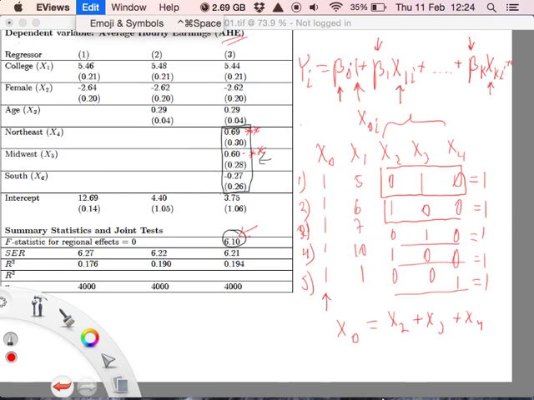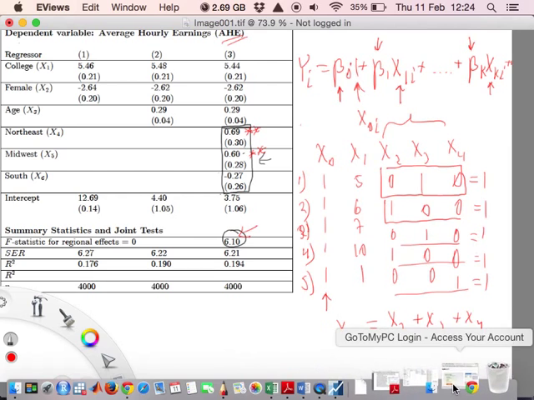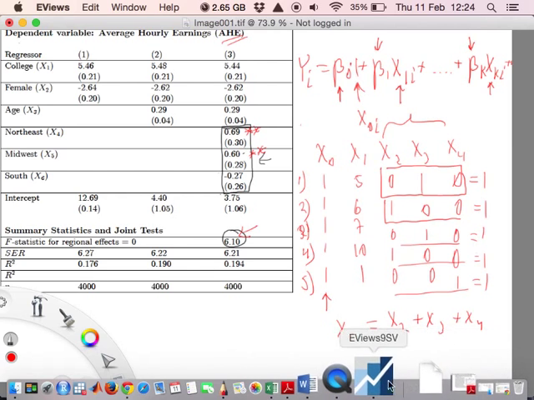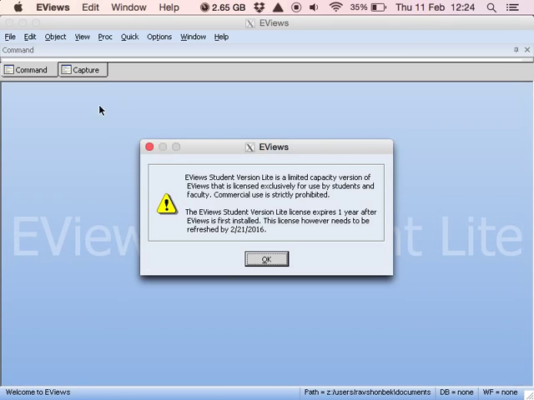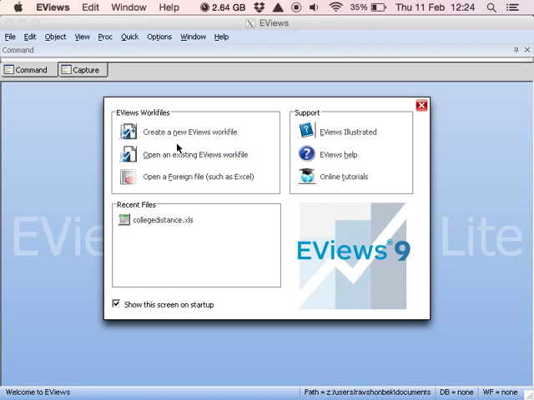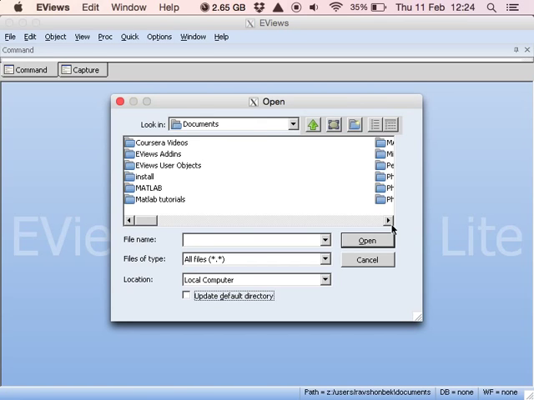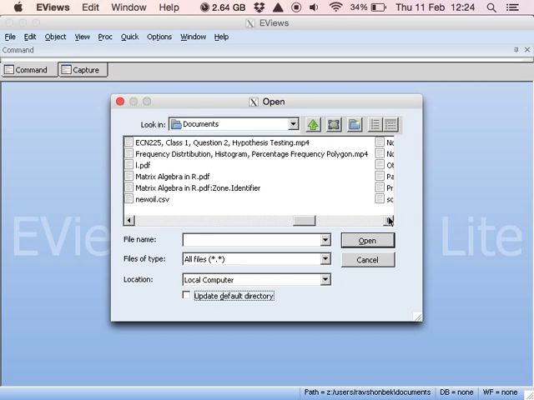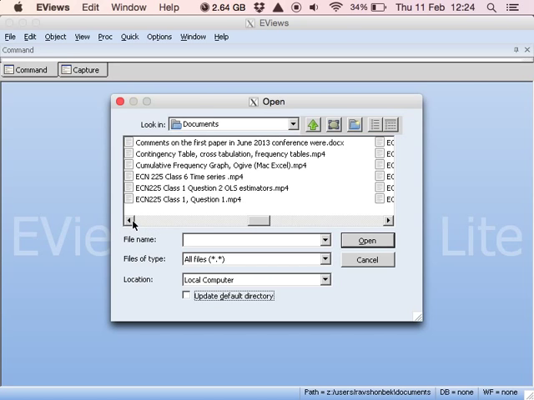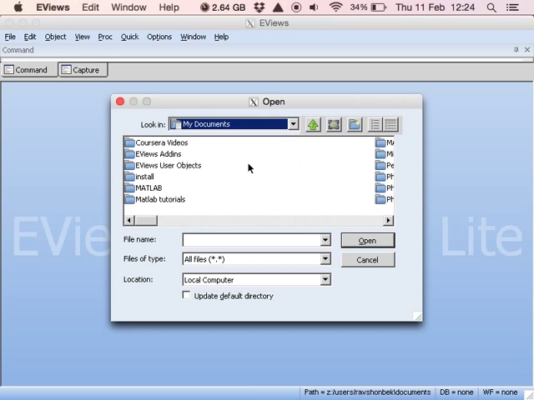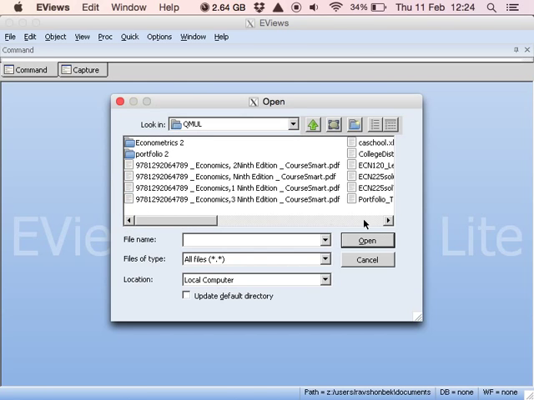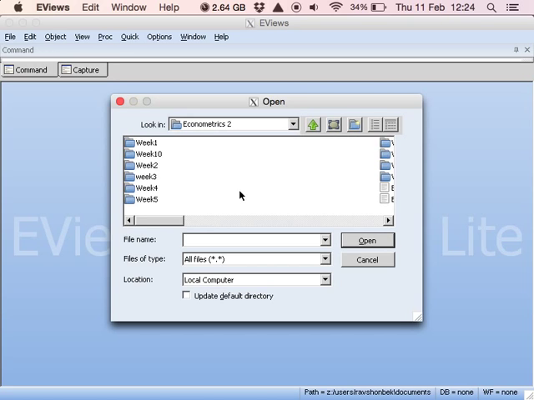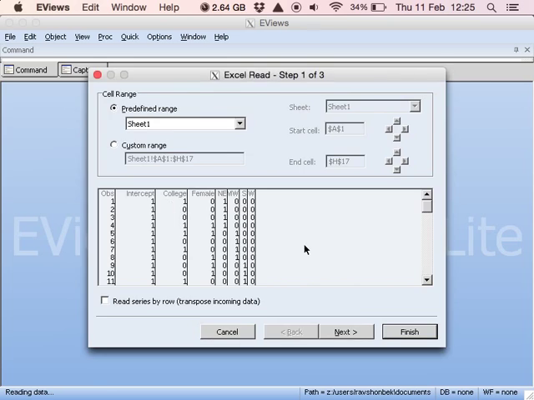Why is it not starting? Okay, it's taking time. Right, so if I go to open a foreign data file, I need to just find it. Where did I save it?